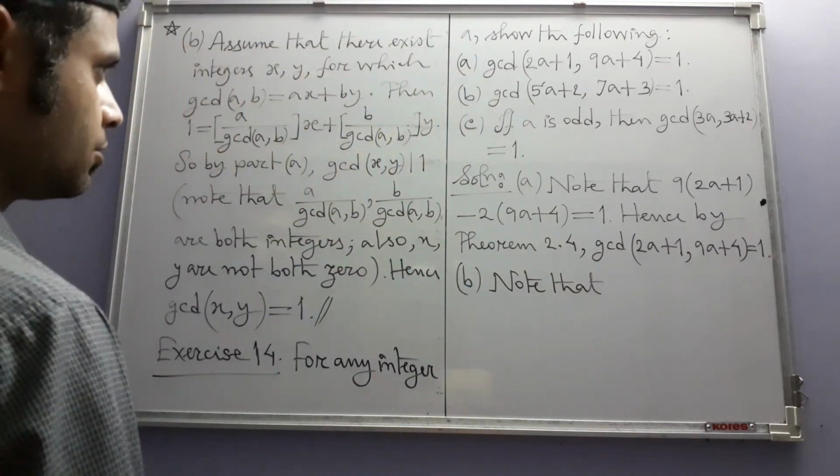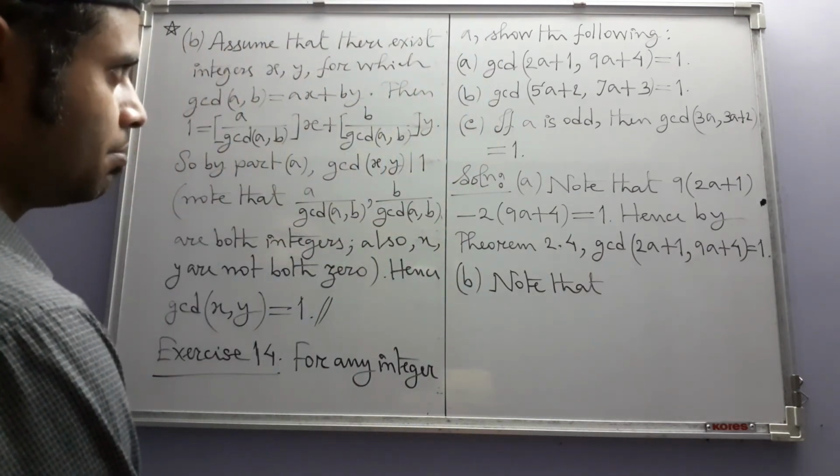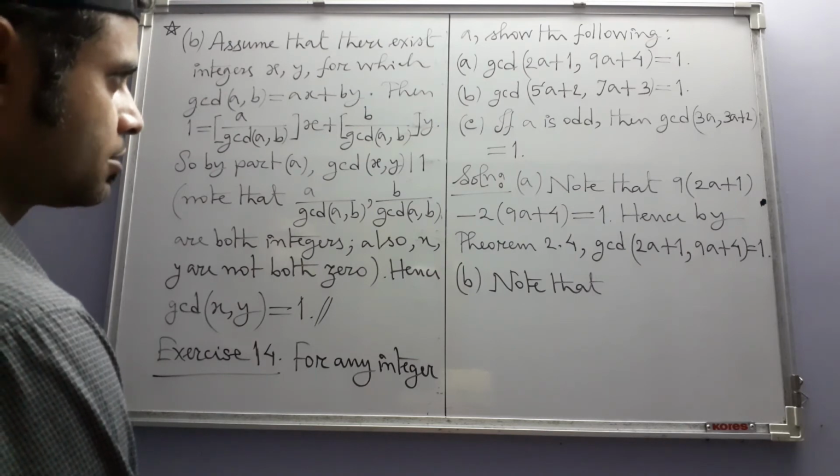Okay, for B, what should we do? We multiply 5a plus 2 by 7.